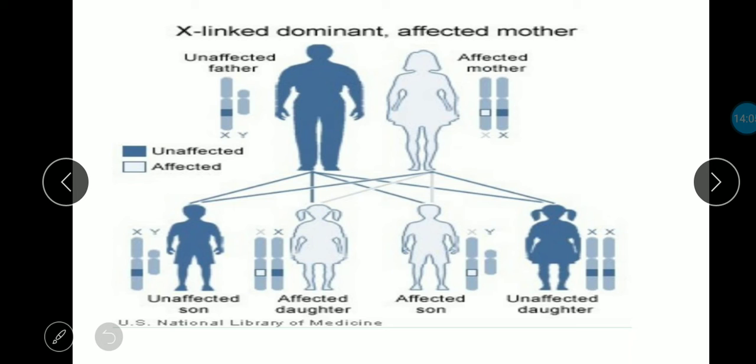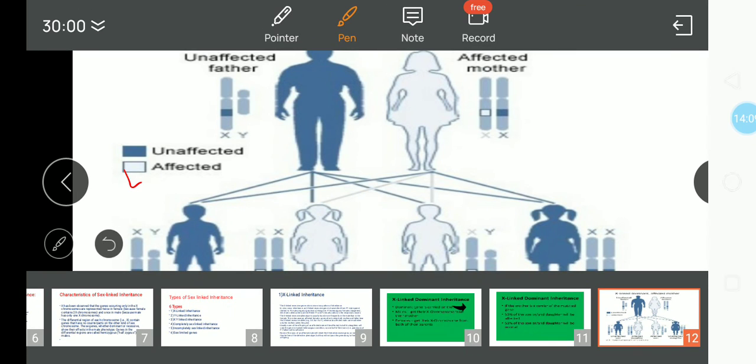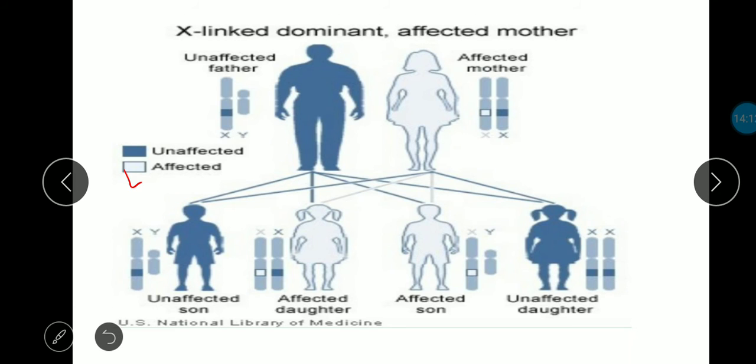The unaffected is denoted with a light blue square, and affected is denoted by a dark blue. In this chromosomal pair, this one is the unaffected gene of the female or mother.